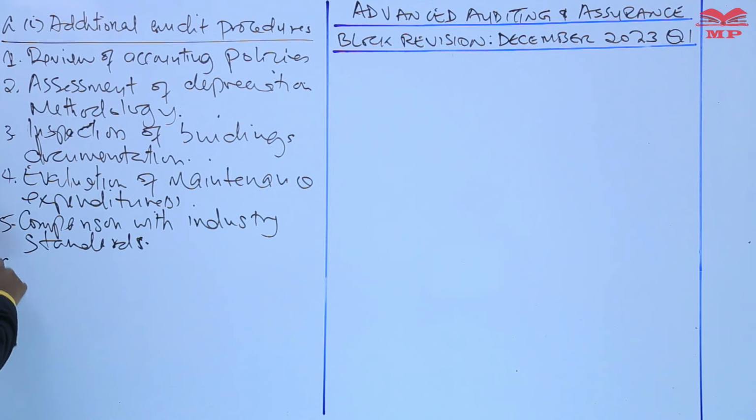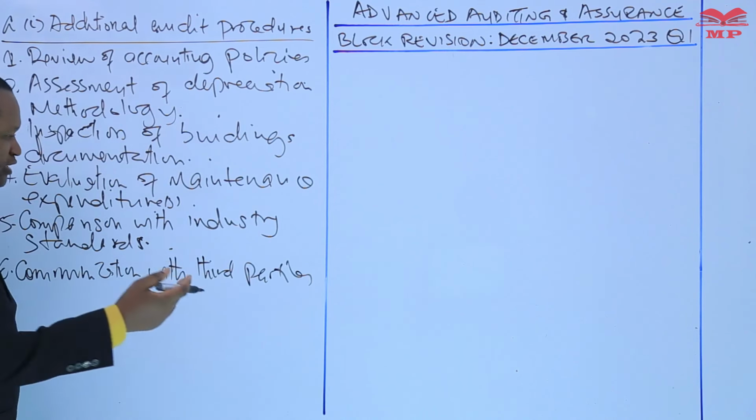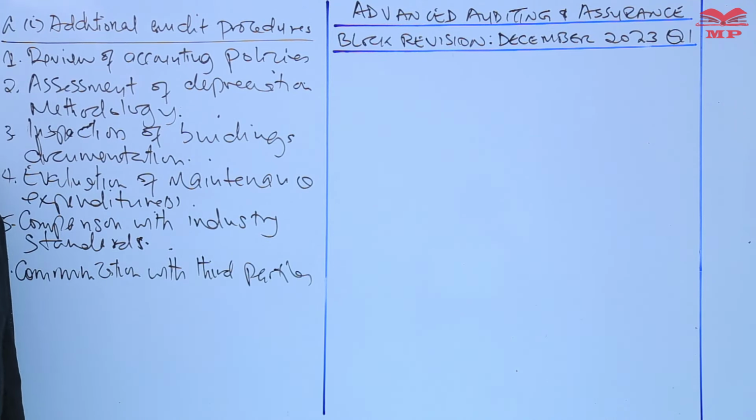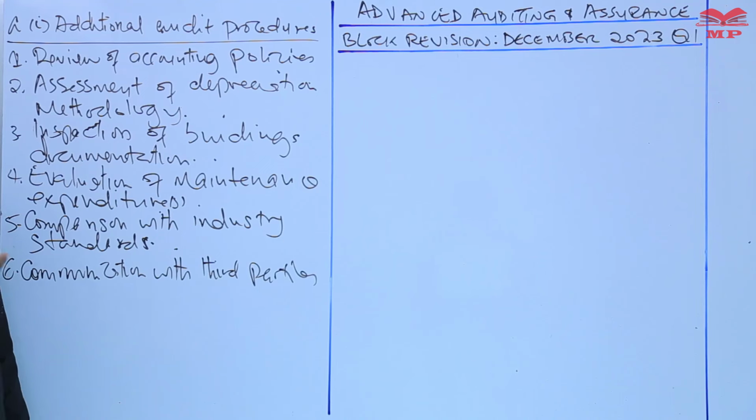Another procedure is in relation to communication with third parties. These third parties could be experts or independent appraisers, industry experts, and so on. The purpose for this procedure is to obtain their opinion on the appropriateness of the company's depreciation policy and the condition of buildings.